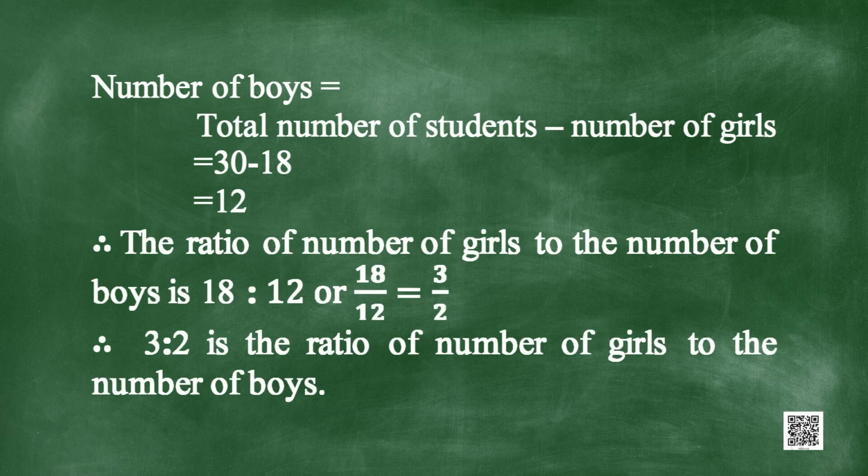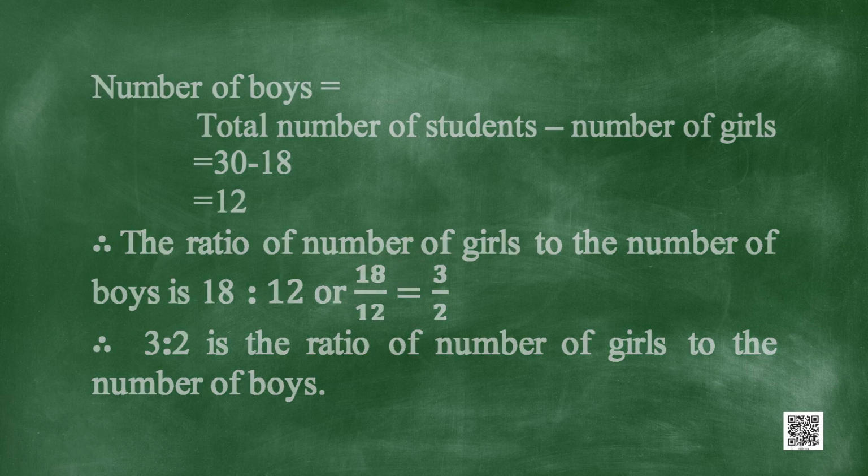Therefore, the ratio of the number of girls to the number of boys is 18 is to 12, which is nothing but 18 by 12. We can simplify this. We know that 6 divides 12 two times and 6 divides 18 three times. So, the ratio of the number of girls to the number of boys is 3 is to 2.